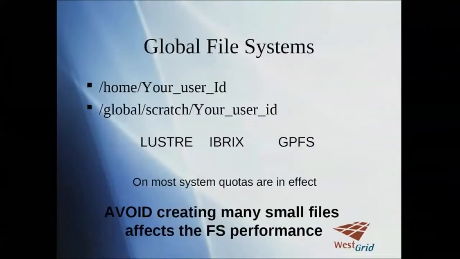And I make a plea here that whenever you are working on WestGrid systems or any cluster with a global file system, like Lustre, Ibrix, or GPFS, please avoid creating many small files, because the performance of the file system then very quickly degrades and it's not effective. Small files are always a killer for this type of file system. They are tuned for larger sets of data.